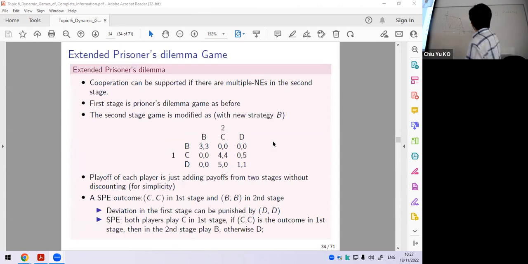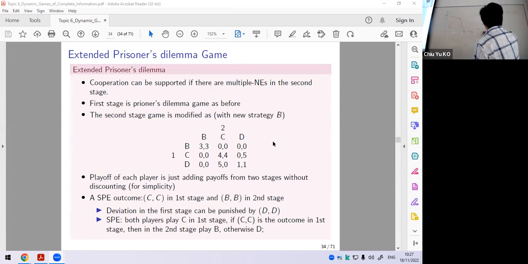Suppose I have the game of C, D, C, D, which is 4, 4, 5, 0, 0, 5, and 1, 1. Suppose I have another outcome called E, say 4.5, 3.5. I don't know, randomly put any number there.